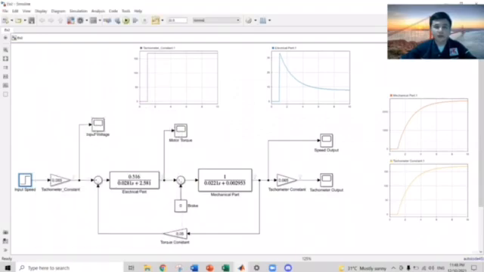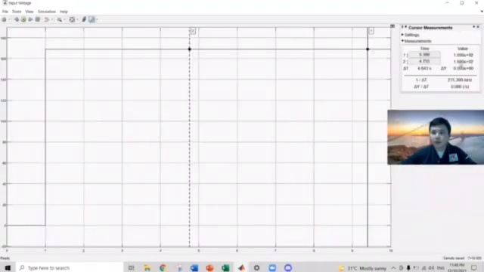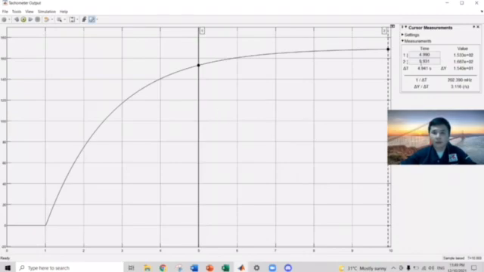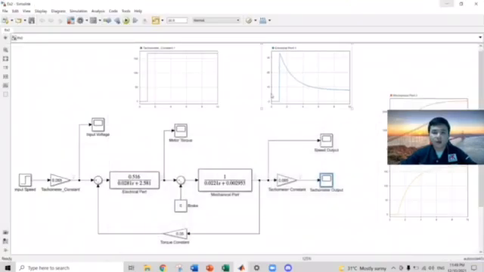After we run the simulation, we can see the input voltage is 169 volts, and the tachometer output at the maximum voltage is 168.7 volts. So overall, as we run the simulation, the tachometer voltage is slightly less than the input voltage.